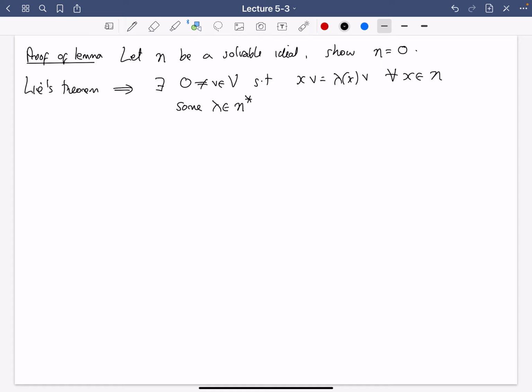That's what Lie's theorem gives us: a non-zero vector with this property. Now let's take y in the Lie algebra G and do our usual calculation. x y v is the Lie bracket [x,y] v plus y x v.